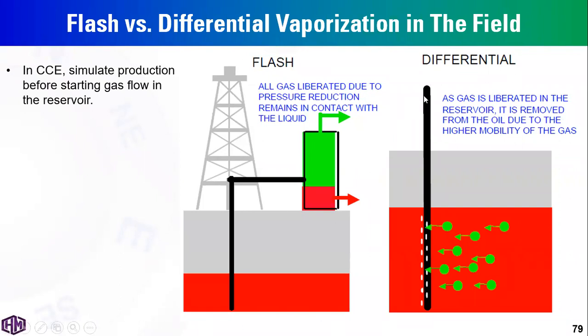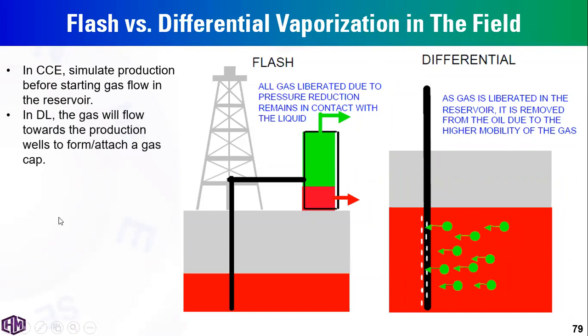But for differential vaporization, the gas saturation is higher than the critical gas saturation in the reservoir, so this gas will be able to move and flow in the reservoir, which means we have two-phase flow in that case.